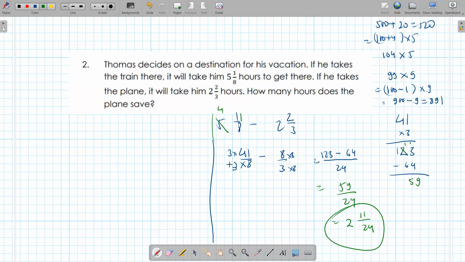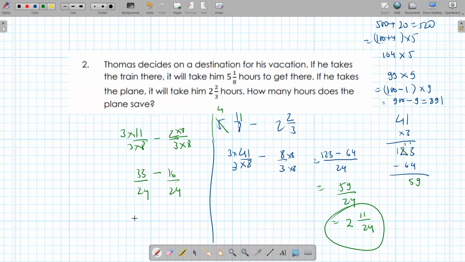Okay. Does that make sense? Then you do 11 over 8 minus 2 over 3, yeah? And we know the common denominator is what? 24. So times 3, times 8. So you get 33 minus 16 over 24, right?